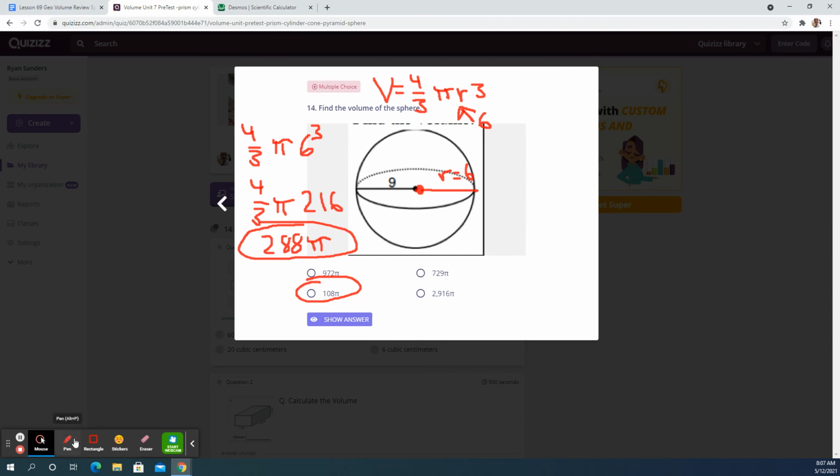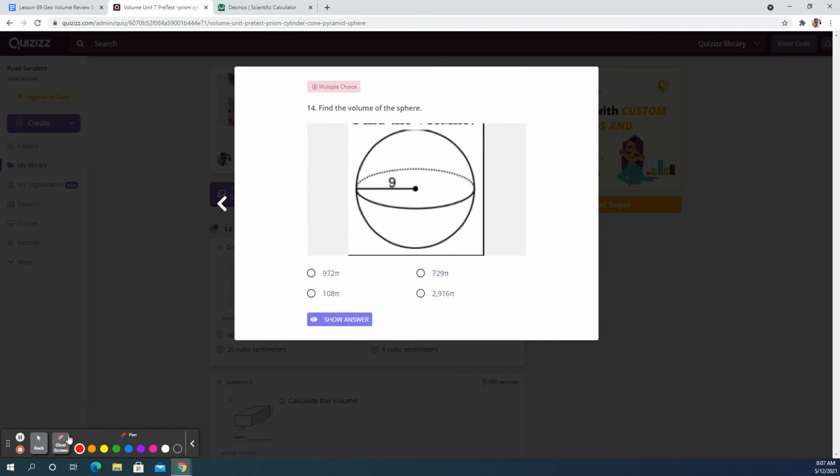Last one. Find the volume of the sphere, and we've got some pi's floating around. They're giving us our radius, which is 9. Volume is equal to 4/3 pi r cubed. Volume is equal to 4/3 pi 9 cubed.